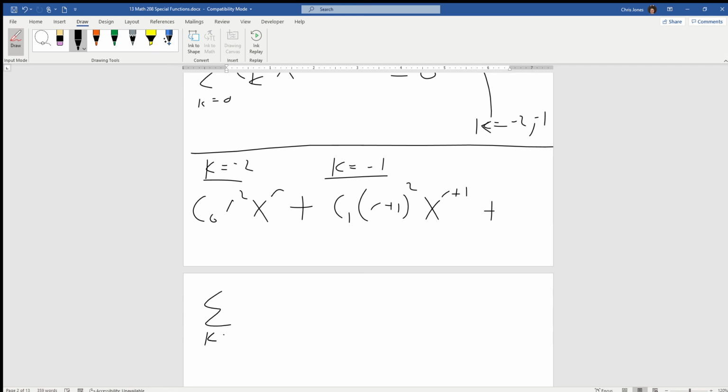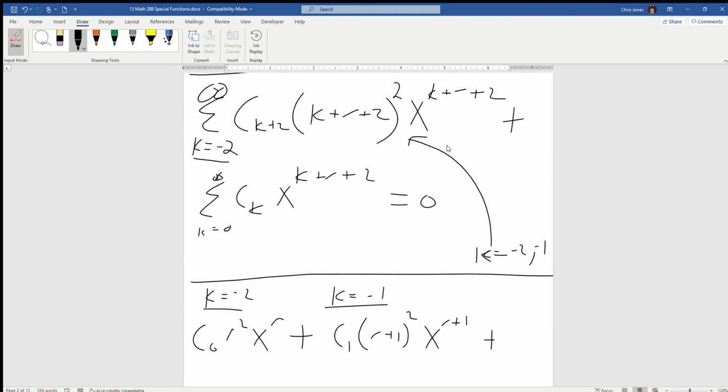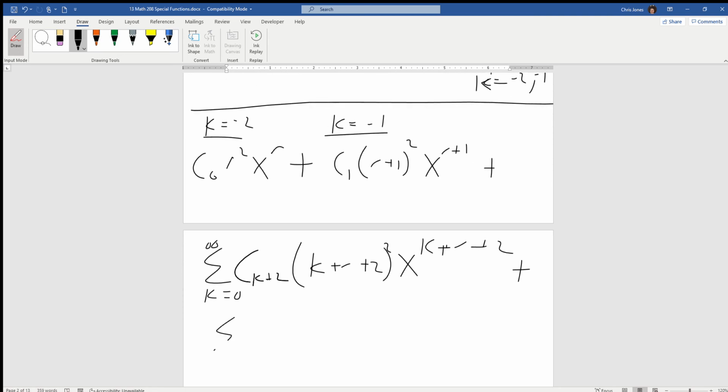So now we're going to get k equals 0 to infinity, c sub k plus 2, and we had (k plus r plus 2) squared, x to the k plus r plus 2, and then finally we had one last series, series k equals 0 to infinity, c sub k, x to the k plus r plus 2 equals 0.